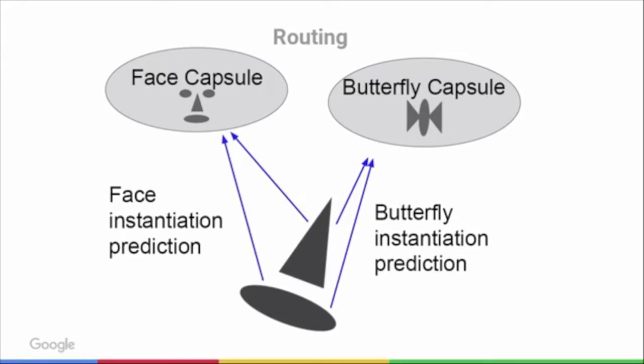Another advantage of this coincidence filtration is that we can use the agreement of these predictions to route the output of capsules to the appropriate capsule in the level above. We can do this as an iterative process. On the first iteration, the triangle capsule will weakly send its output to all of the capsules in the level above.